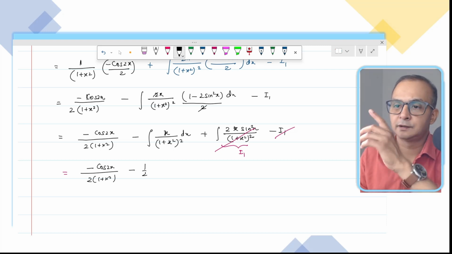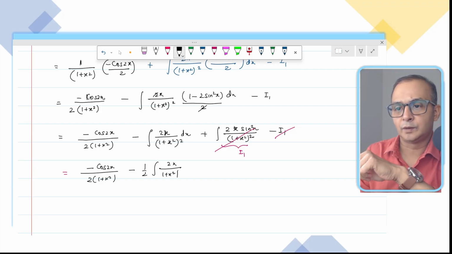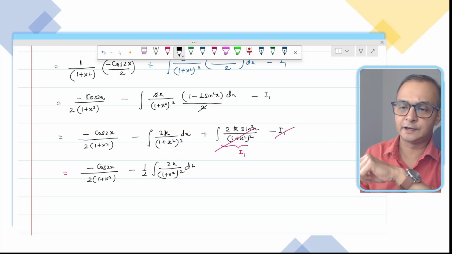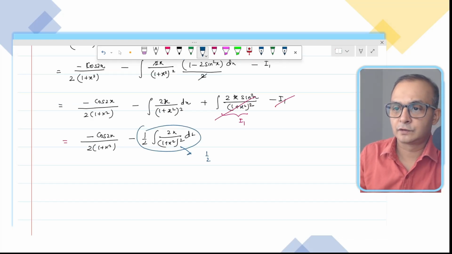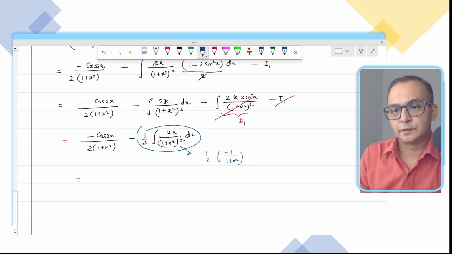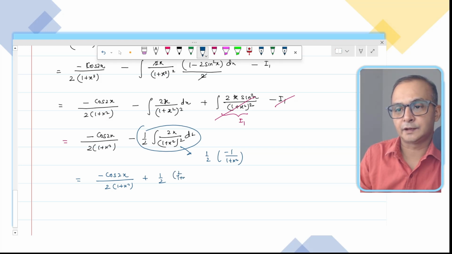If I take 1 plus x squared as t, the derivative is already there, so this quantity will become half of minus 1 by 1 plus x squared. Okay, so it will give you minus cos 2x by 2 times 1 plus x squared and plus 1 by 2 times 1 plus x squared.